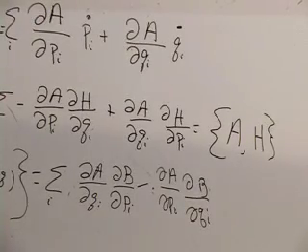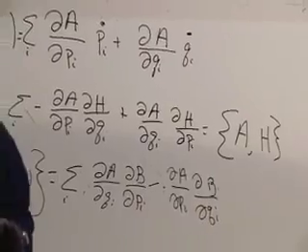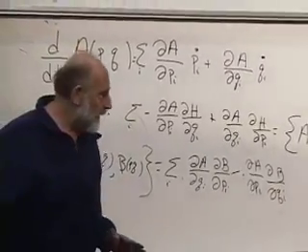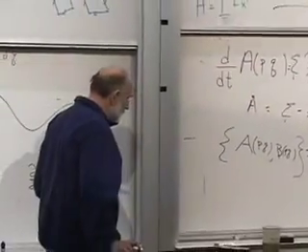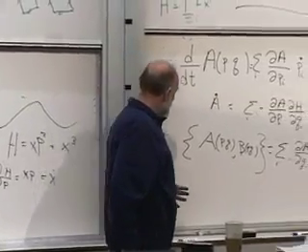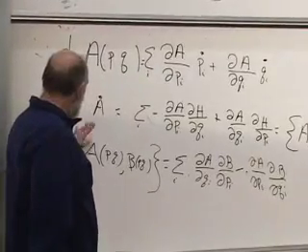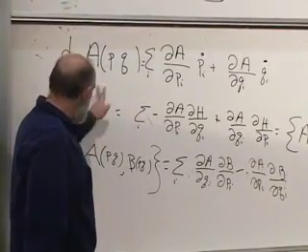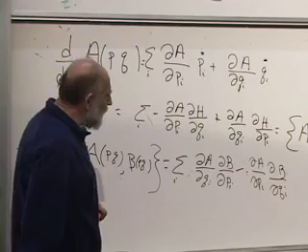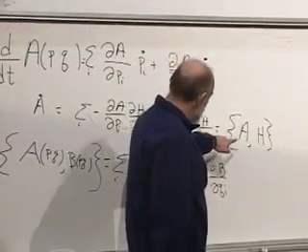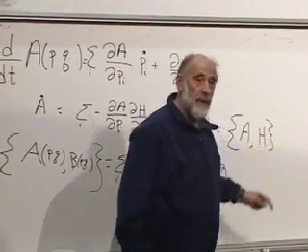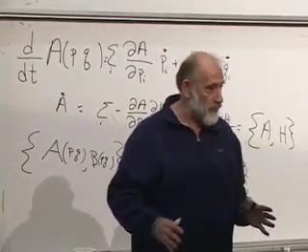The Poisson bracket of any quantity with the Hamiltonian is its time derivative. That's another formulation of mechanics, closely related to Hamilton's. If you can express it in terms of positions and momenta, then its time derivative is given by the Poisson bracket with the Hamiltonian.